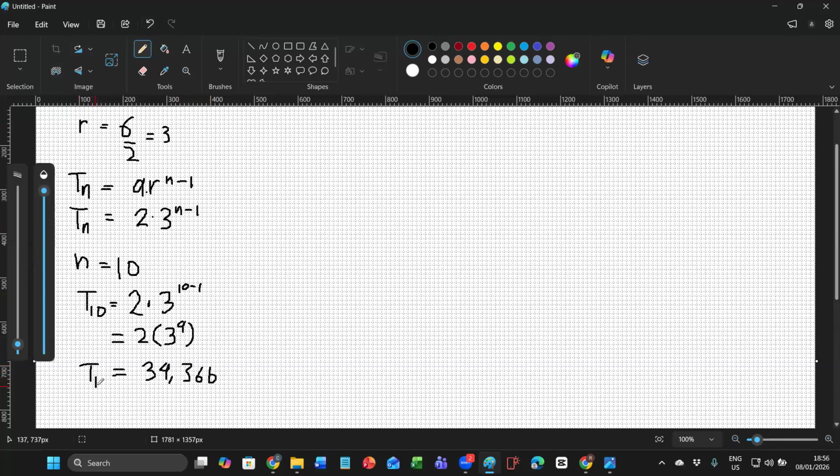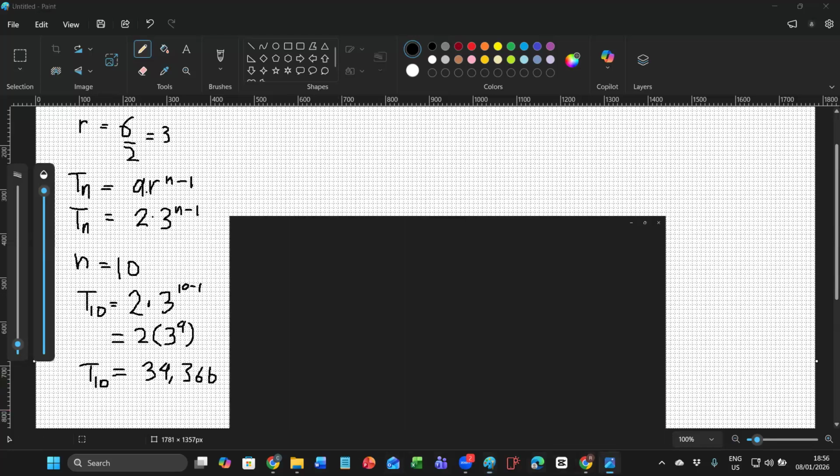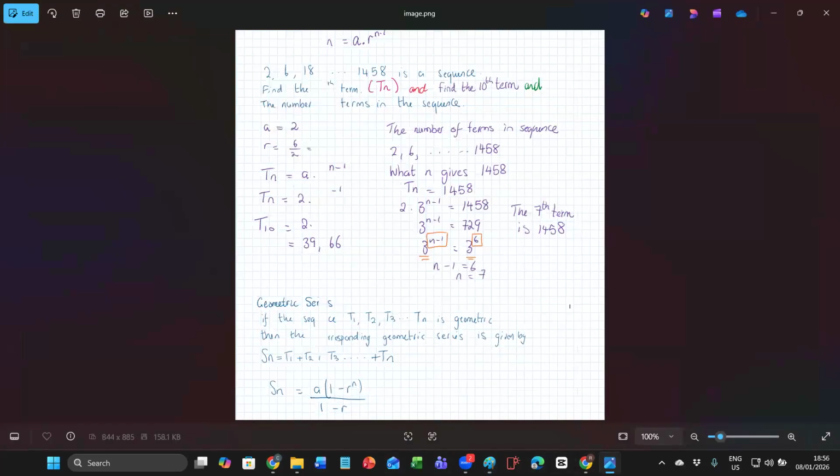Okay, so let's see the other part. I think that other part may be a bit challenging to understand, the one that says the number of terms in the sequence. So remember, if we can find out what position the last term is, then automatically we know how many terms there are in the sequence.